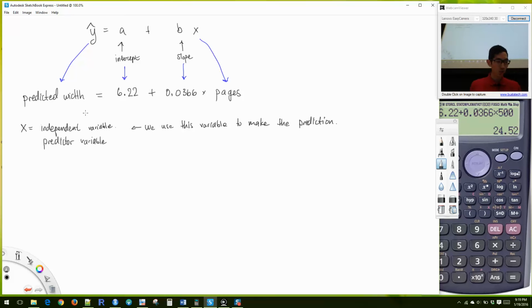In our case, we have set it up so that we are using the number of pages in a book to make a prediction about its width.